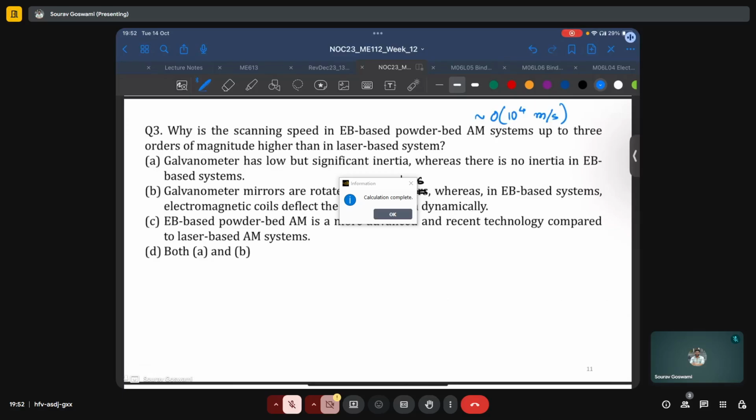Is it because electron beam based powder bed AM is a more advanced and recent technology compared to laser based AM systems? Or is it some combination of these aforementioned options? Let us examine them one by one.